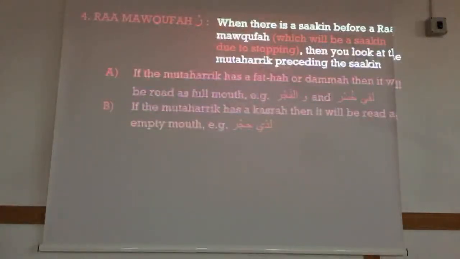Wal fajr. Again, and I really want you to remember this waw at the beginning, waw fatha. Is it going to be empty or is it going to be full? Is waw a full mouth letter or an empty mouth letter? Remember, there are only 7 full mouth letters. Khussa daghtin qid.